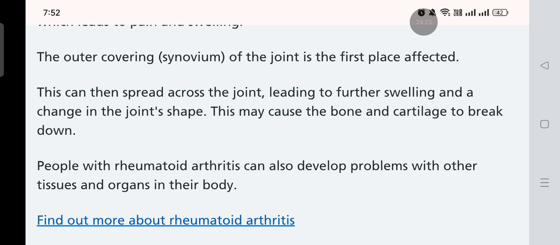This may cause the bone and cartilage to break down. People with rheumatoid arthritis can develop problems with other tissues and organs in their body.